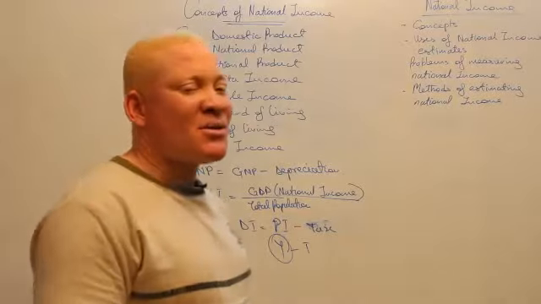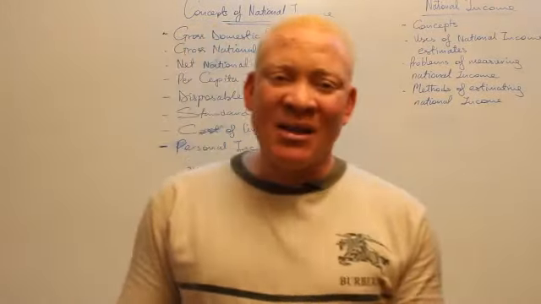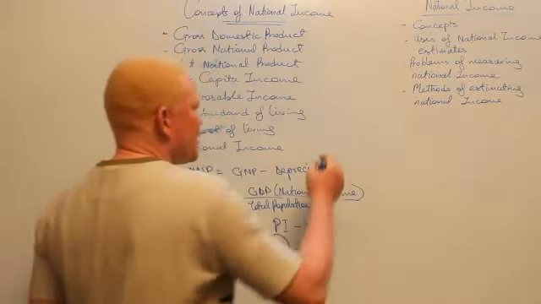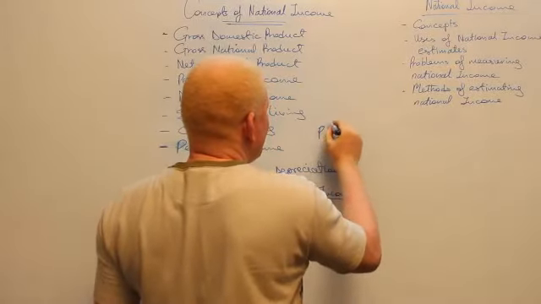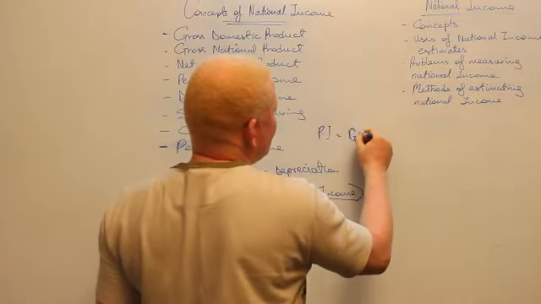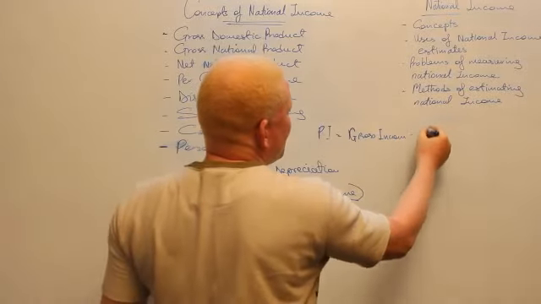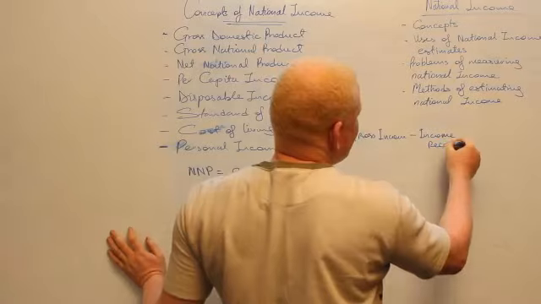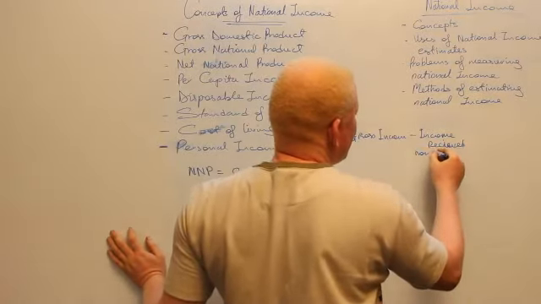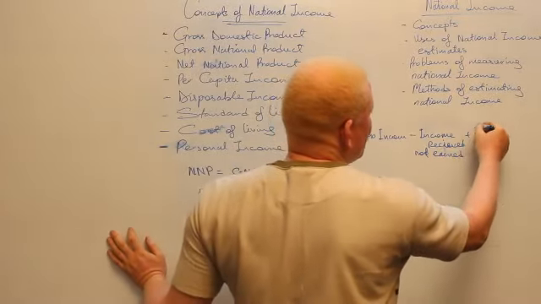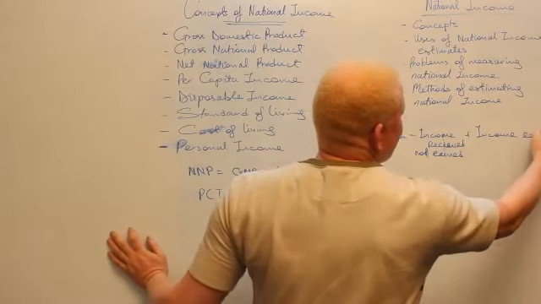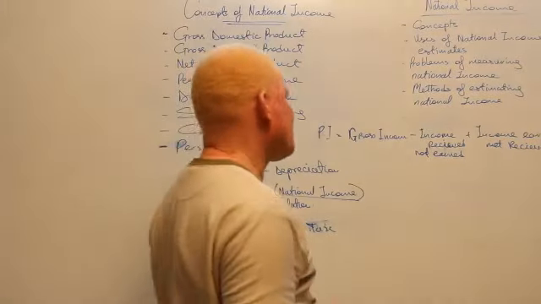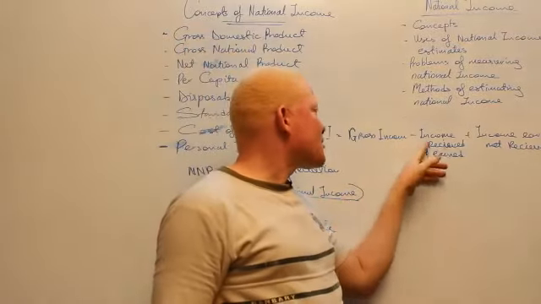Then personal income is the actual income received by an individual after a given period, and the personal income PI is actually determined as follows: personal income PI is equal to gross earnings or gross income, minus income received not earned, plus income earned not received.